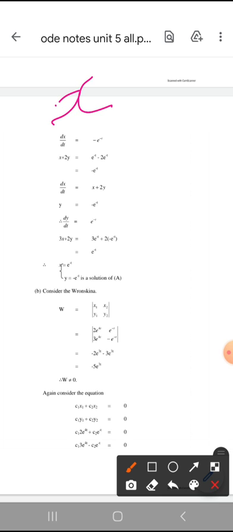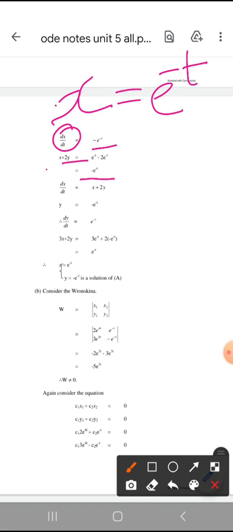Now we differentiate x = e^(-t). By differentiating x, we get this. We know the value of dx/dt and we substitute that, and we get the value -e^(-t).